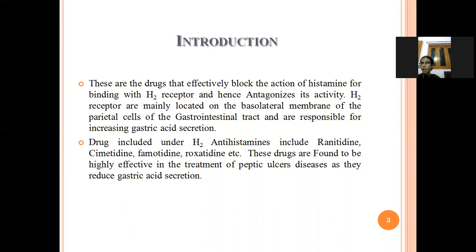In order to reduce gastric acid secretion, H2 antagonist drugs are used. These drugs effectively block the action of the H2 receptors.